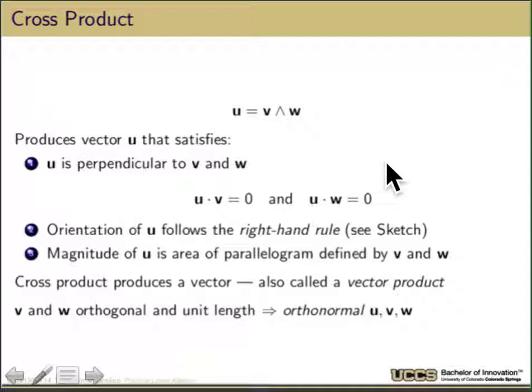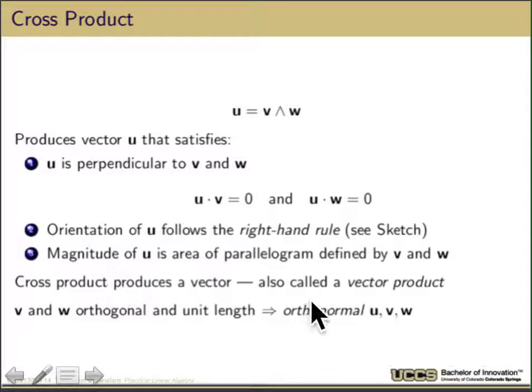The magnitude of U turns out to be the area of the parallelogram that's defined by V and W. So U is not just a unit normal vector. It's actually a sized vector, and the size of that vector, the norm of it, is the area of the parallelogram defined by V and W. So this gives us a nice way of finding areas for parallelograms.